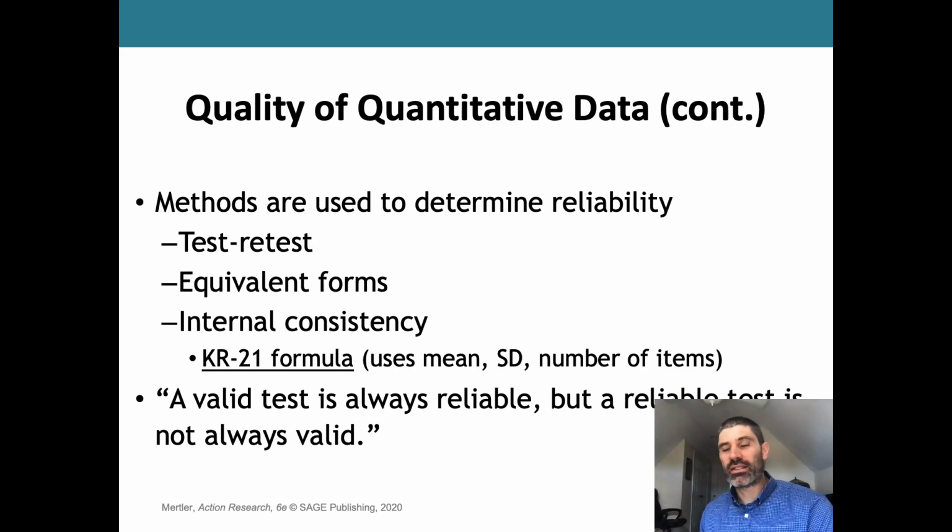But these are different ways of assessing if the tool we're using is both valid, actually getting at what we think it's getting at, and reliable, meaning it measures the same thing over time. It's measuring working memory today, and it's also measuring working memory tomorrow, and you're performing similarly over time.